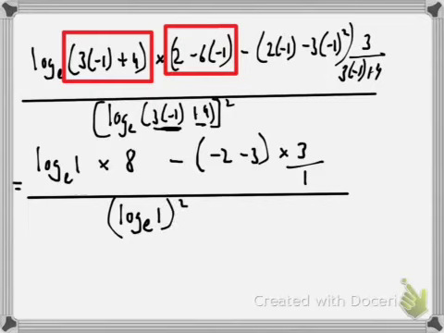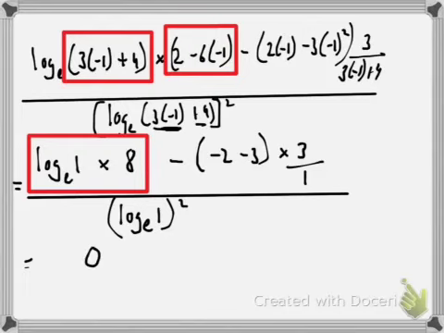Okay, equals, well, we know that log 1 to the base e is 0, which is going to make all of that 0. So we get 0 there. We get a negative multiplied by -2 minus 3. That's going to be positive 5, times 3 there, so we're going to get 15.